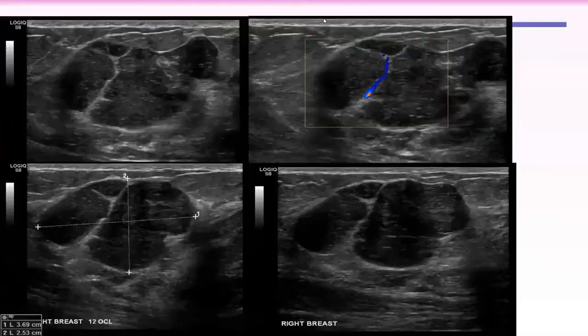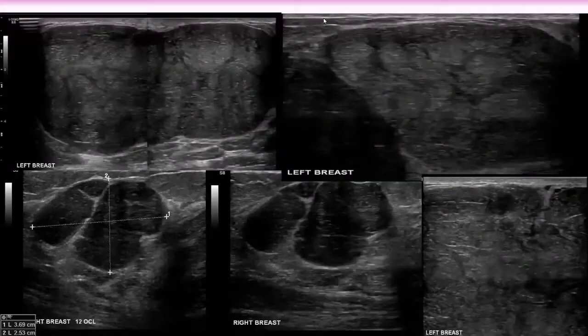So the right lesion here is circumscribed, homogeneous, septated with some intralesional vascularity, features very typical of fibroadenoma, while the left one is heterogeneous, with areas more hypoechoic.